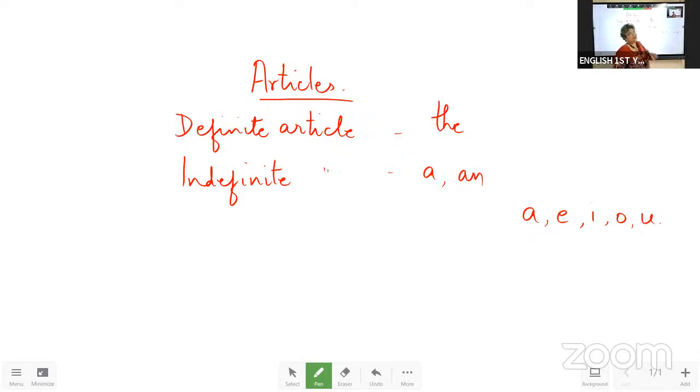That's again a wrong answer because you don't use it before the vowels A, E, I, O, U, but before the vowel sounds of A, E, I, O, U. And that's the reason you write a 1 rupee note.